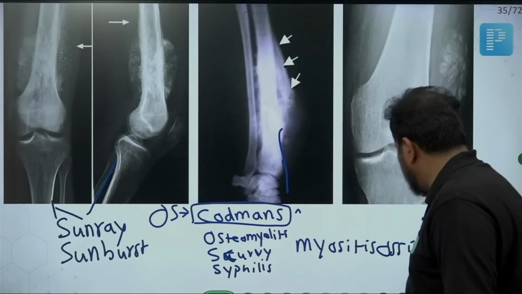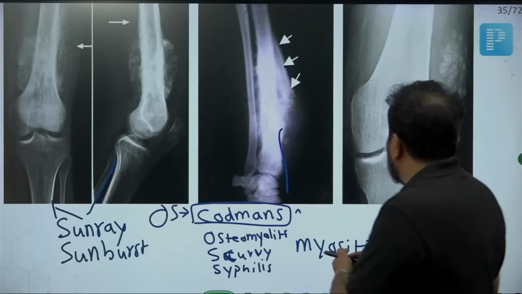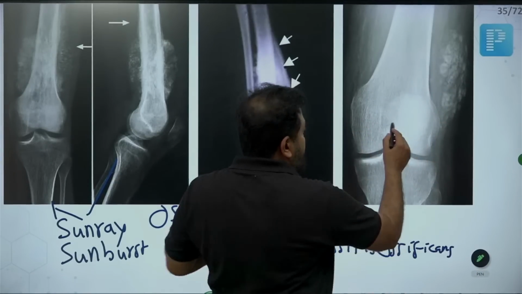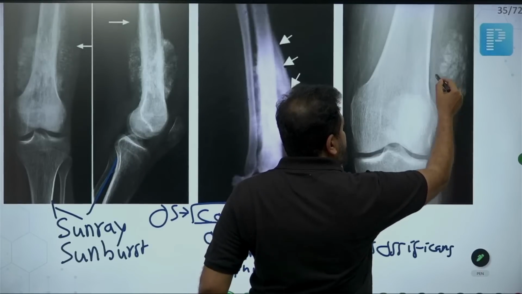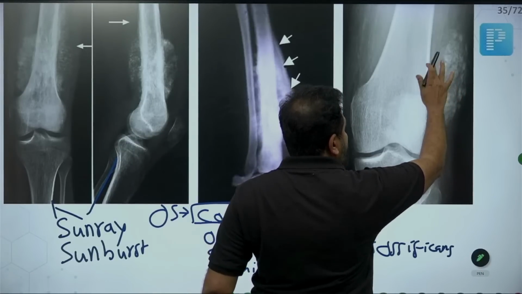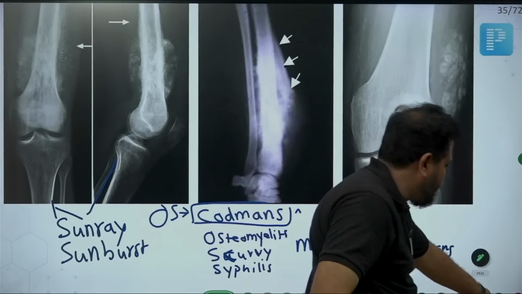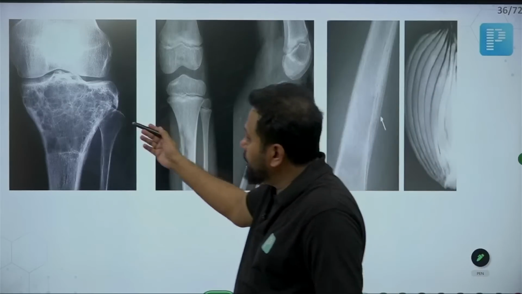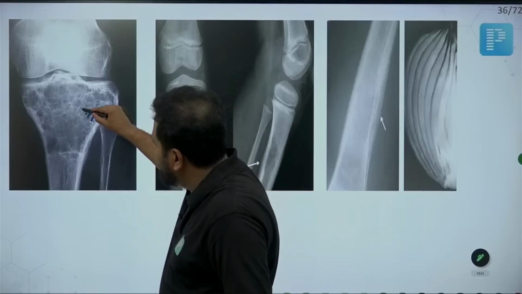Okay? Yes. Move to the previous one. Here you are able to see another calcified mass. This is also the distal end of the femur. The calcified mass is there, but it is not attached to the periosteum. It is somewhere here. This is a classical picture of myositis ossificans. Now coming to the next X-ray, you are able to see in the uppermost portion of the tibia small bubble like things.